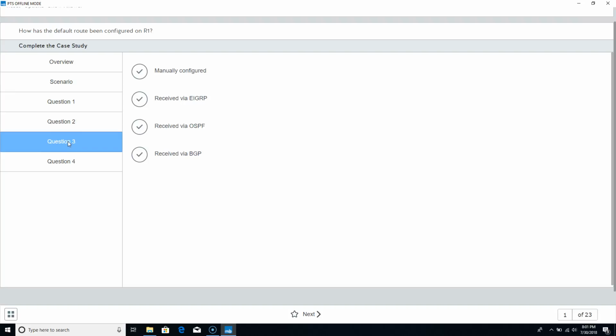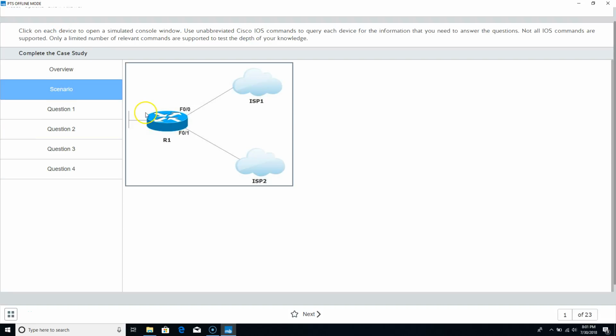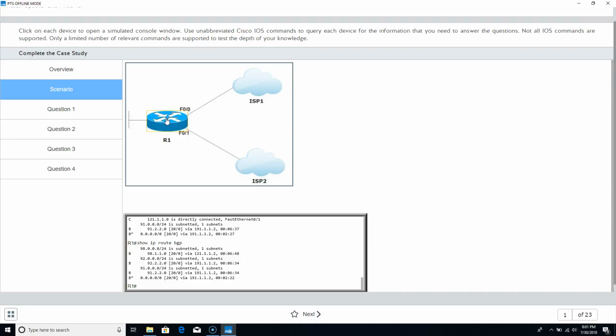how is the default route configured? How do you find the default route? So we need to find the default route here, show IP BGP, right? The default route is through 191, that's FA0/0.